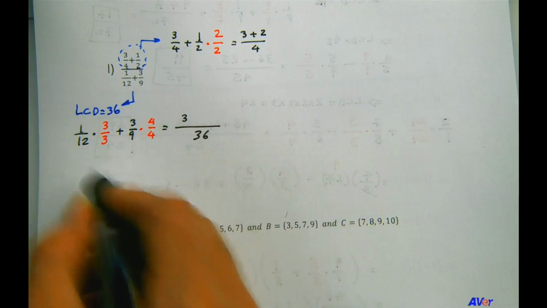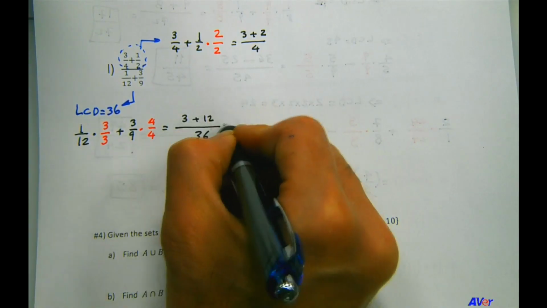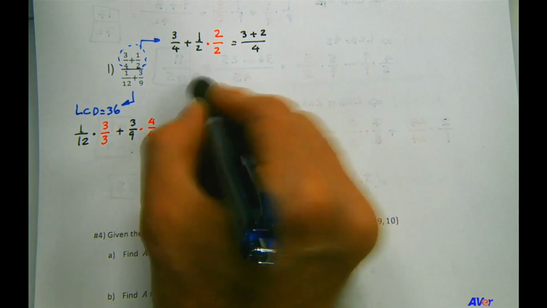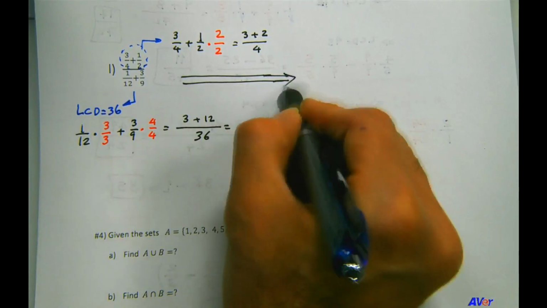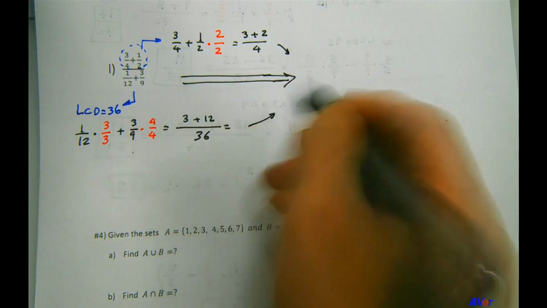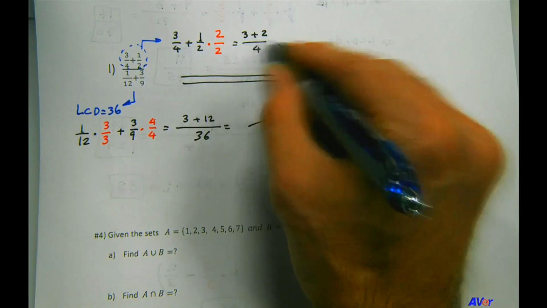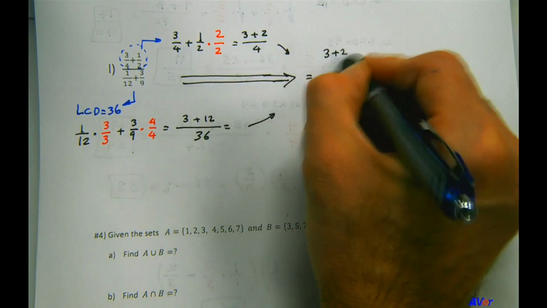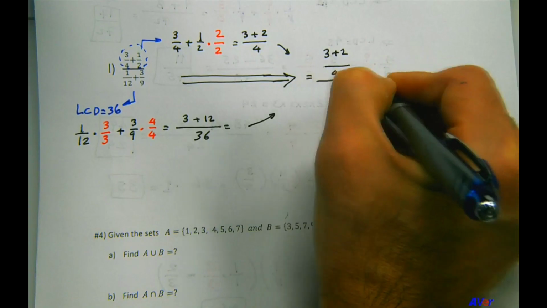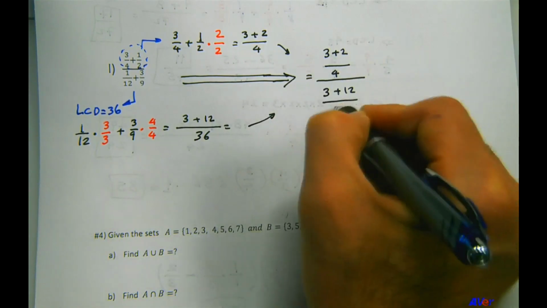So 1 times 3 is 3, and 3 times 4 is 12. So let's put all of that together here. So we have equals 3 plus 2 over 4 divided by 3 plus 12 over 36.